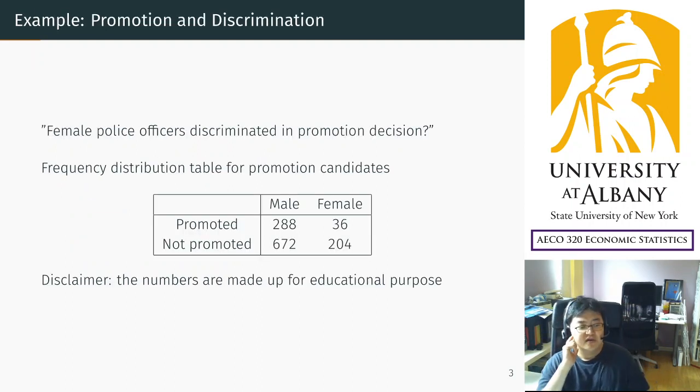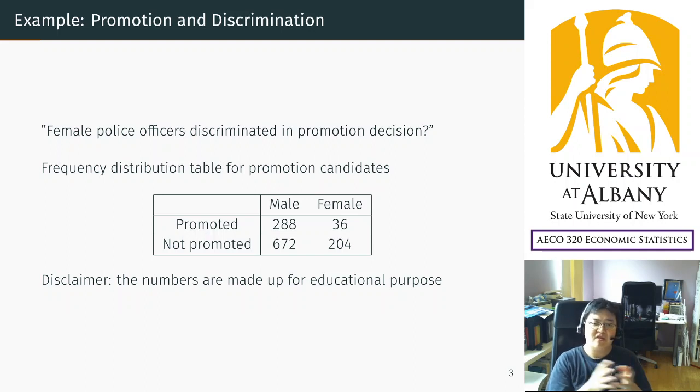Let's start with an example. Our research question is, suppose that we are wondering if there is any discrimination against female police officers in their promotion decisions. We would like to test it using data. Suppose that we have a frequency distribution table.